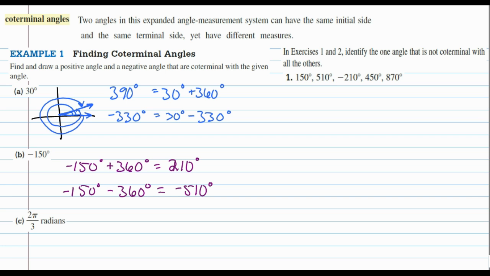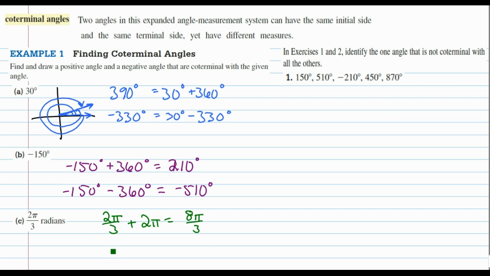Part C, 2 pi over 3 radians. While 2 pi over 3 radians, I'm not going to add a full circle of 360 degrees. I would add a full circle of 2 pi radians. So if I have 2 pi over 3 radians plus a full circle, 2 pi radians, that's 2 pi over 3 plus 6 pi over 3, which is 8 pi over 3.